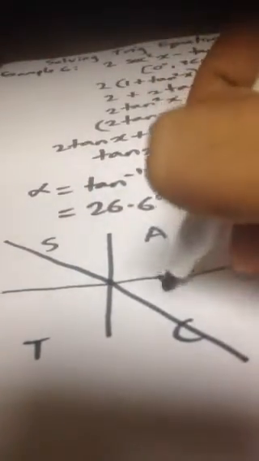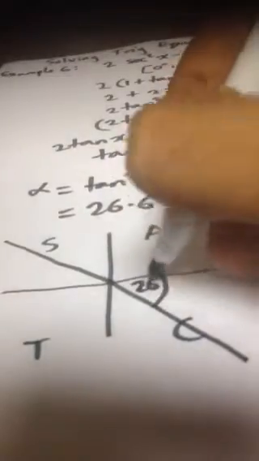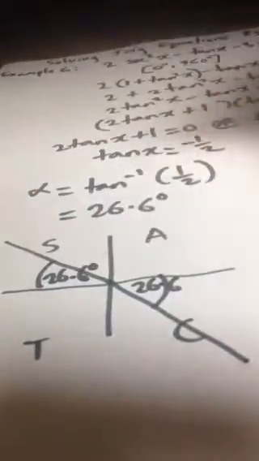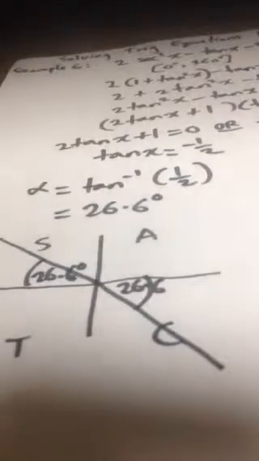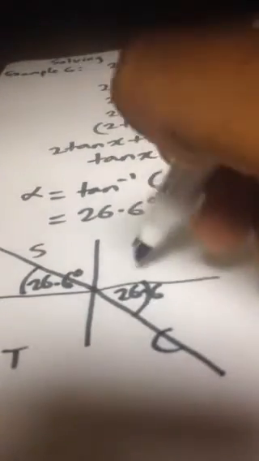So we will place our reference angle always with respect to the horizontal axis. We will place alpha in the second and fourth quadrants, and we're going to pick up those two angles now. So this is the angle in the second quadrant, and that is equal to 180 minus alpha.